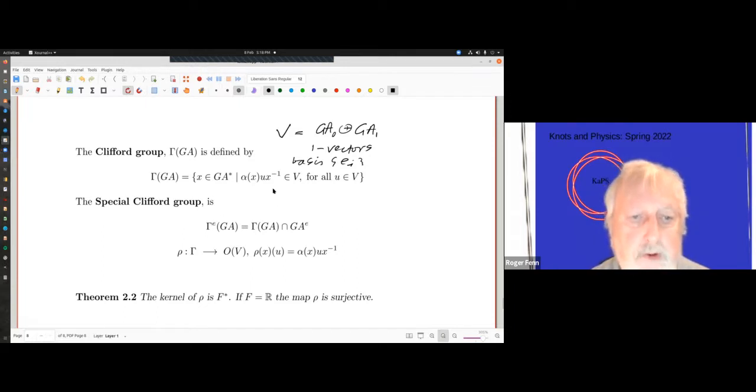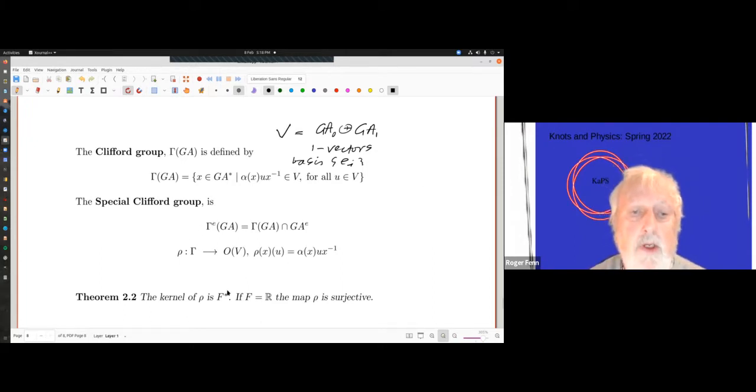The special Clifford group is all those elements in the Clifford group which have even length. So it could be across the ground field, or it could be elements like E1 times E2.